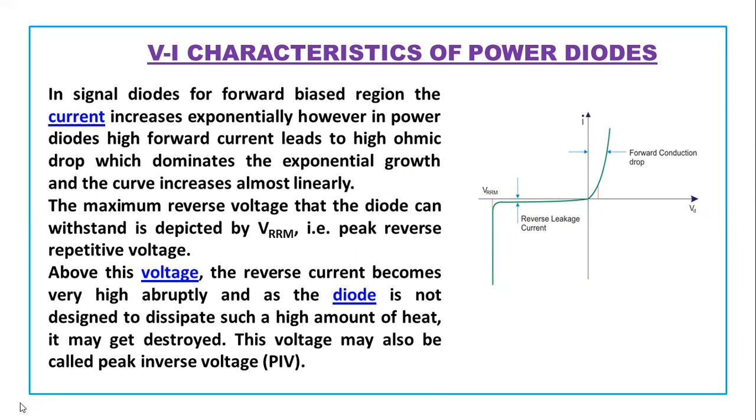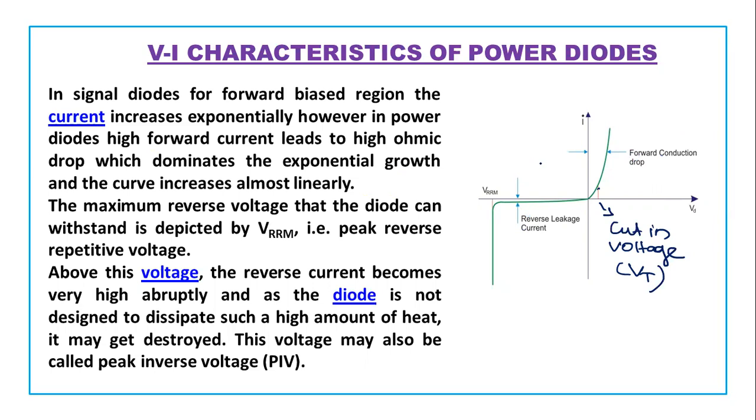In this figure, you can see that initially the current rises to a small value, and when it reaches a threshold value, which we call the cut-in voltage or threshold voltage VT, beyond that the current is increasing. This is the forward conduction current.